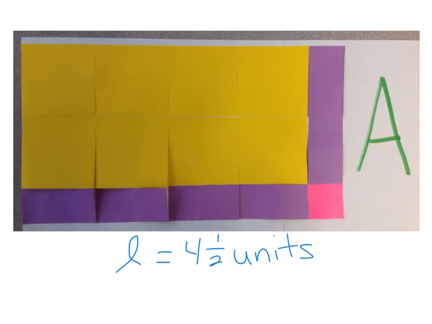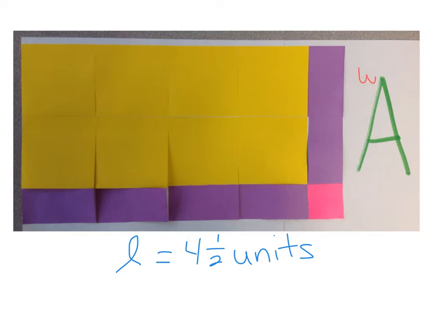So now I need to figure out the width. I'm going to count, and on a rectangle, it's like the side. So 1 unit, 2 units, and that looks to be about half, so 2 1/2 units.